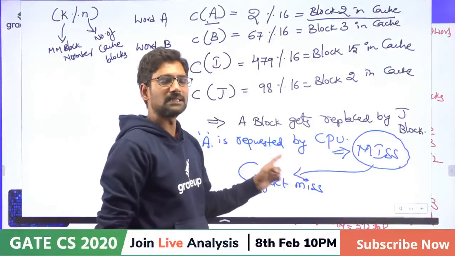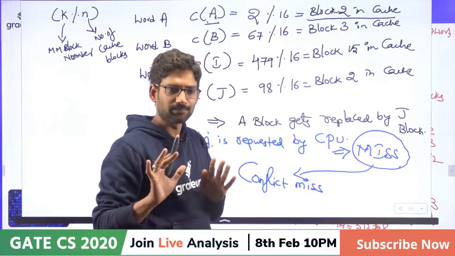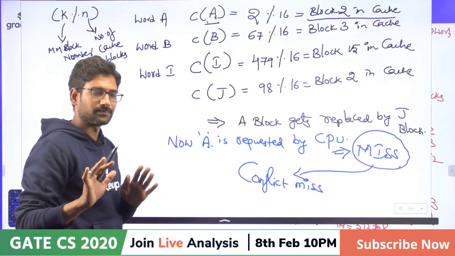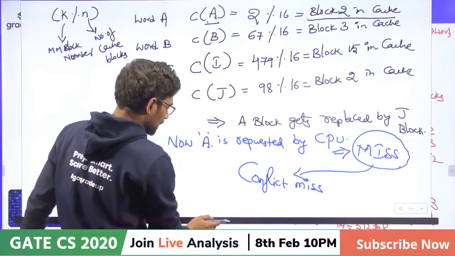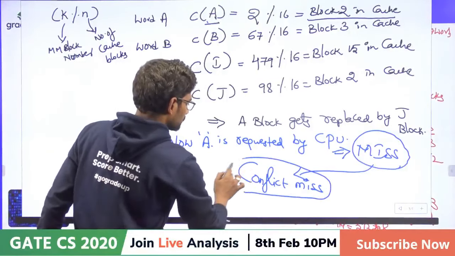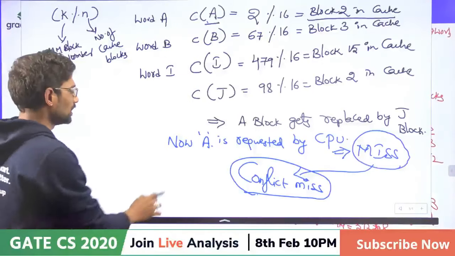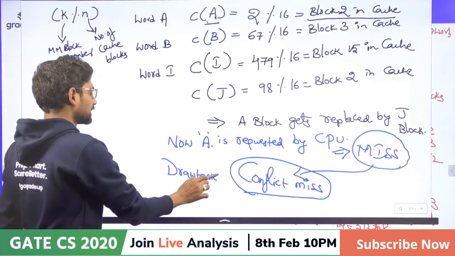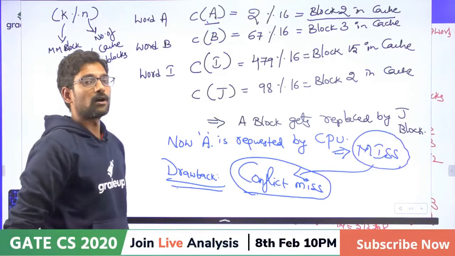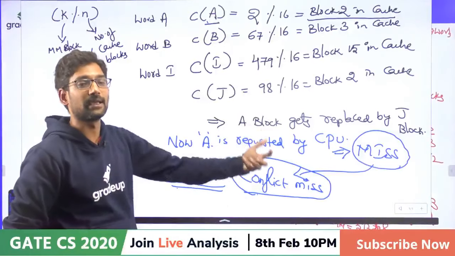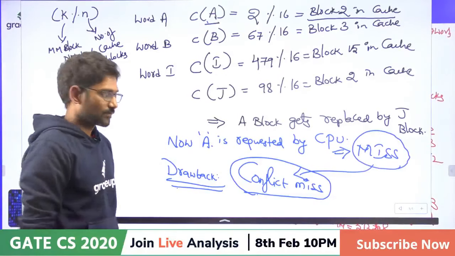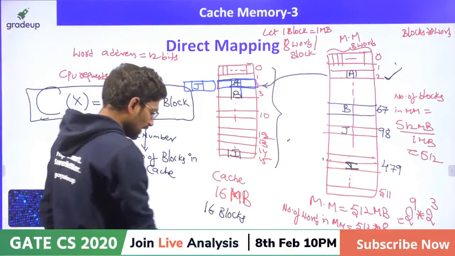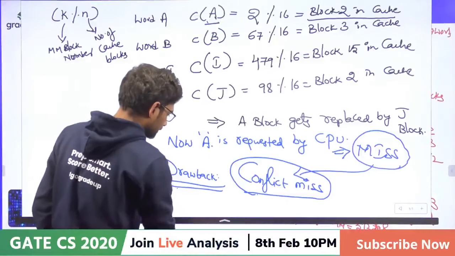So a conflict miss occurs. Got the point, guys? Right. This is the drawback of direct mapping: conflict misses are very high. Now the CPU is generating some address.